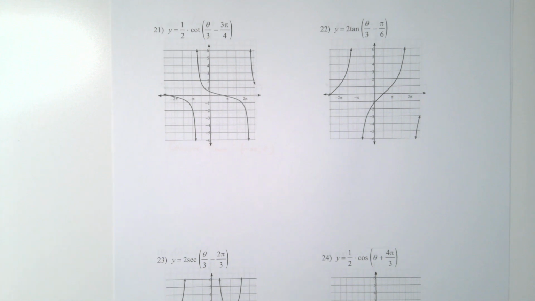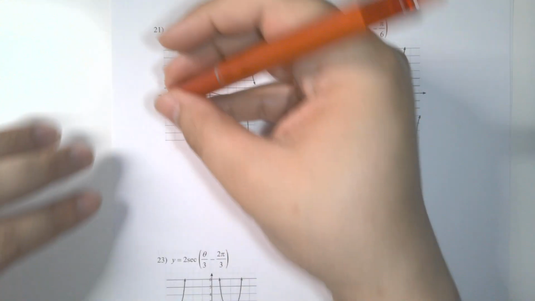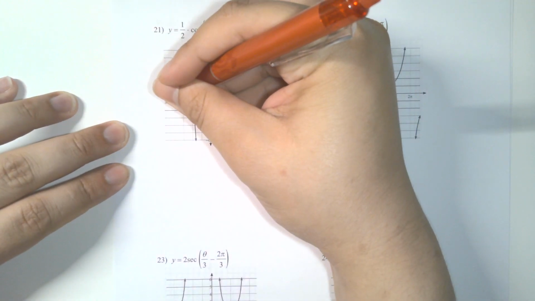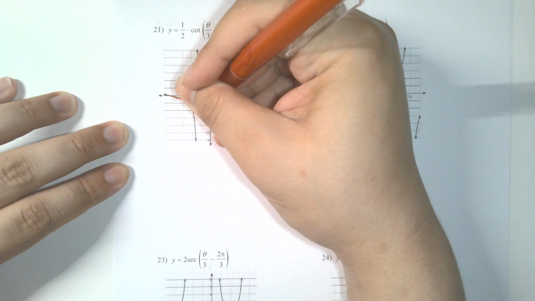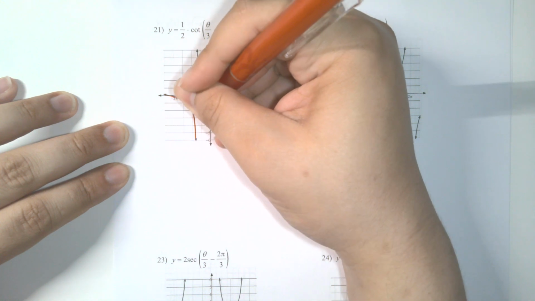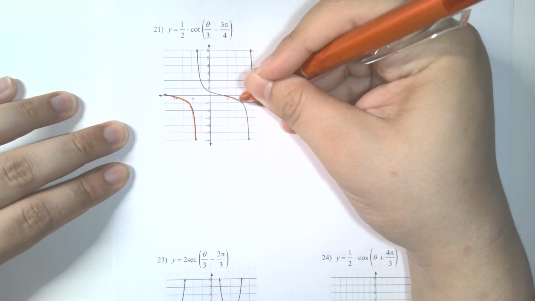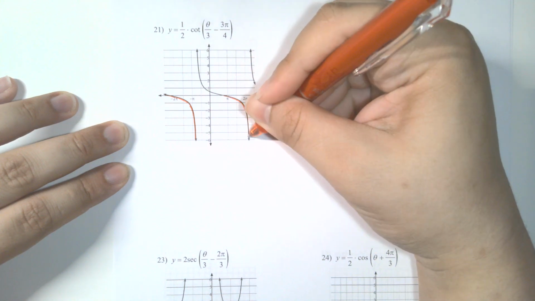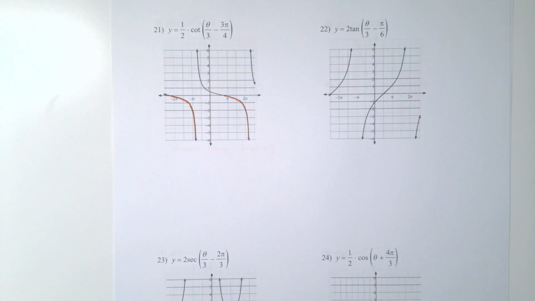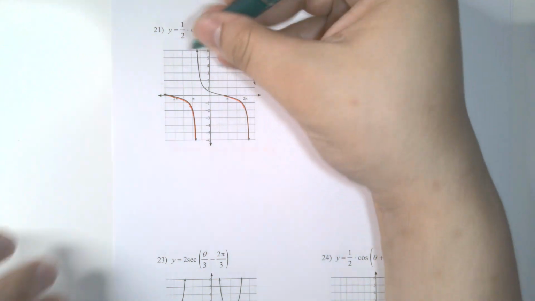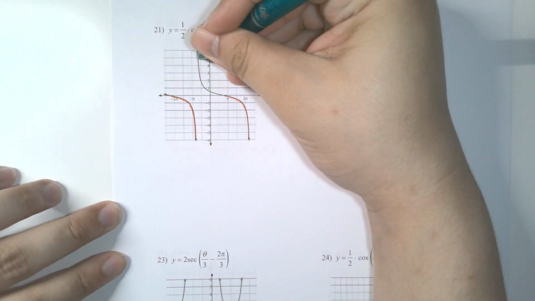Next page here. Looks a little crazy, but if we highlight where it's concave down, would be right here, and also right here. It'd be concave up along these intervals here.